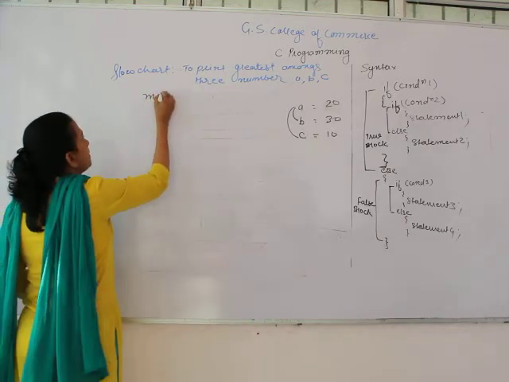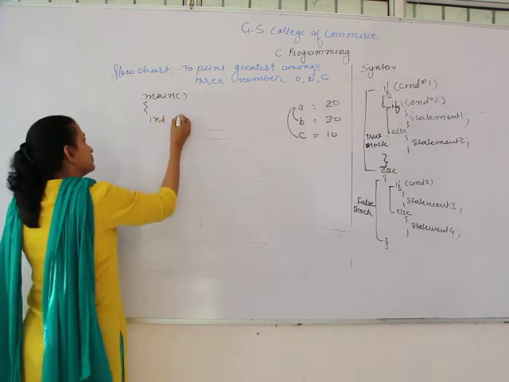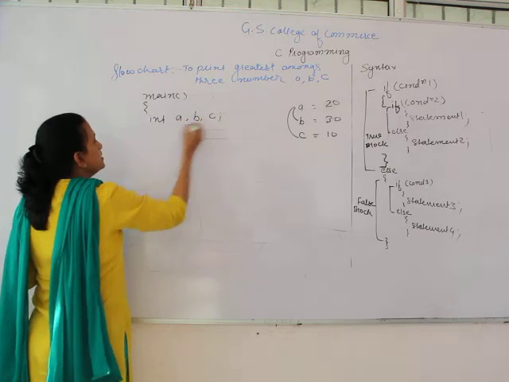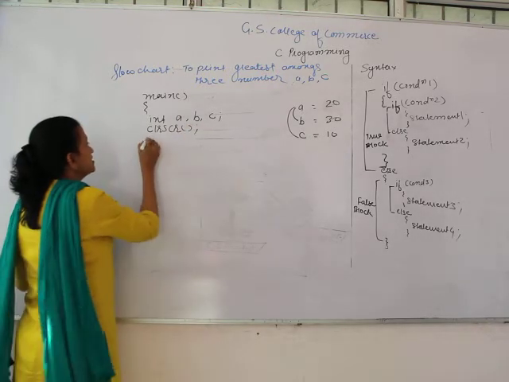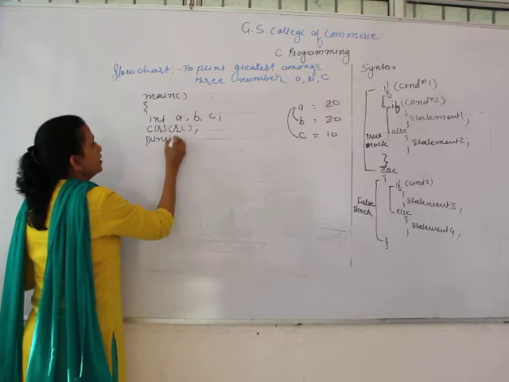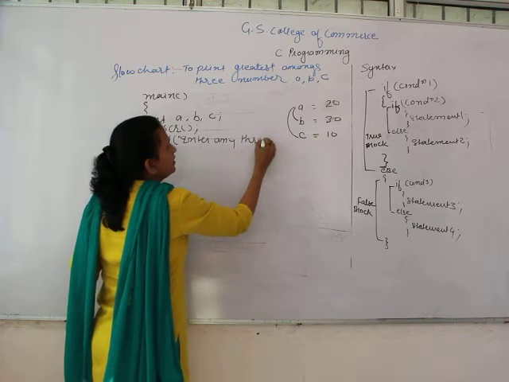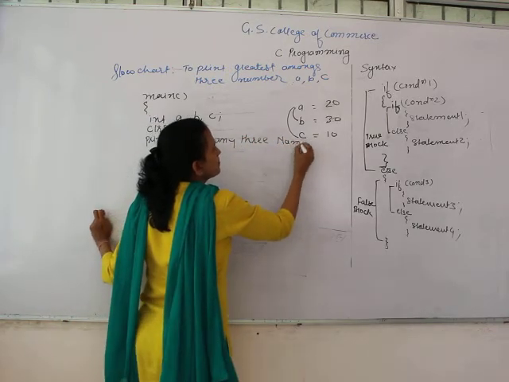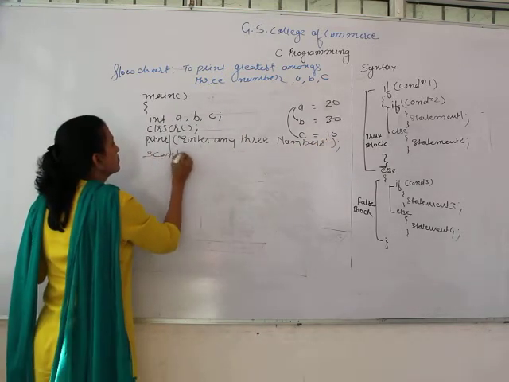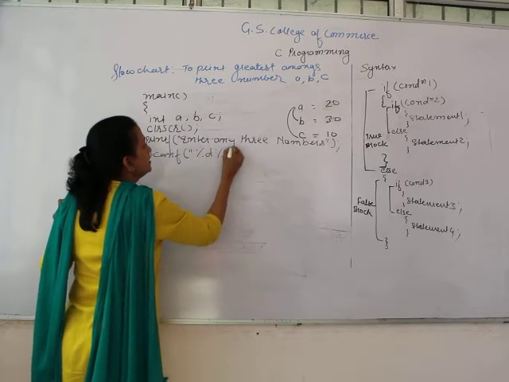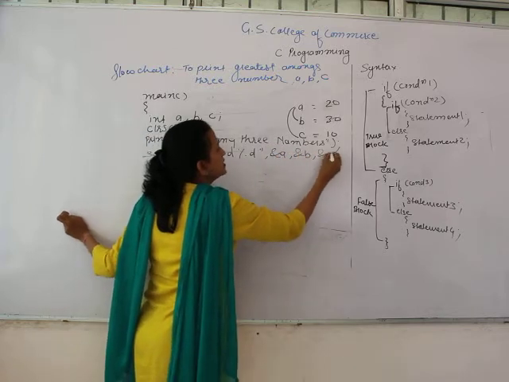So main, int A, B, C, and one statement which we always add in our program, that is clrscr, then printf. Now print the message, enter any 3 numbers, then scanf %d %d %d, and &a, &b, and &c.